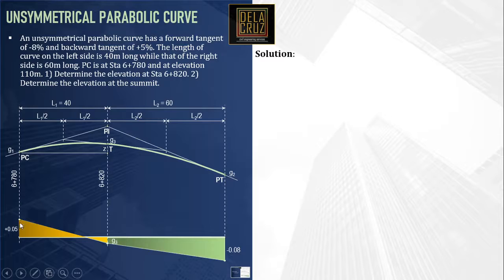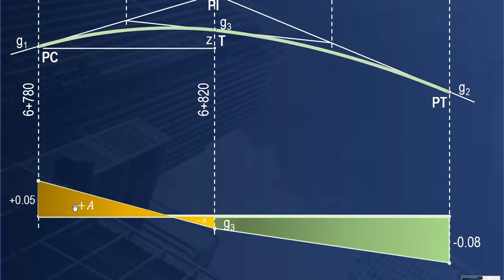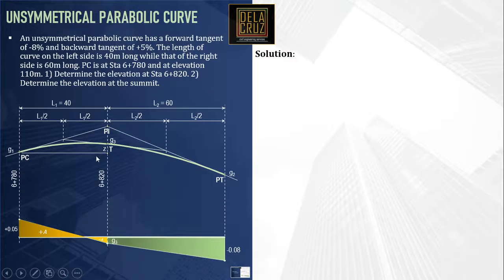Basically, this shaded area is what we need to calculate, equivalent to Z. Notice that the areas here have positive and negative parts. This becomes a negative area because G3 is negative. So we need to add the positive and negative areas, then that will be our Z.